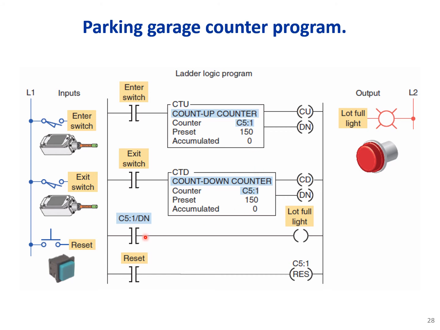So once the accumulated value reaches the preset value 150, the down bit will be true and the lot full light will be on. It shows the new driver that the parking is full and there is no more room for parking.